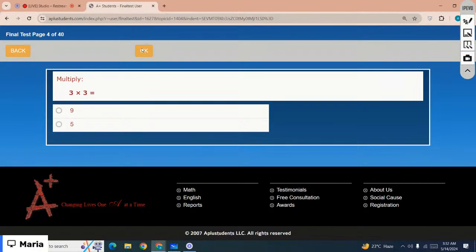Three times 3 is 9. The correct option is 9. 3 times 3 is 9.